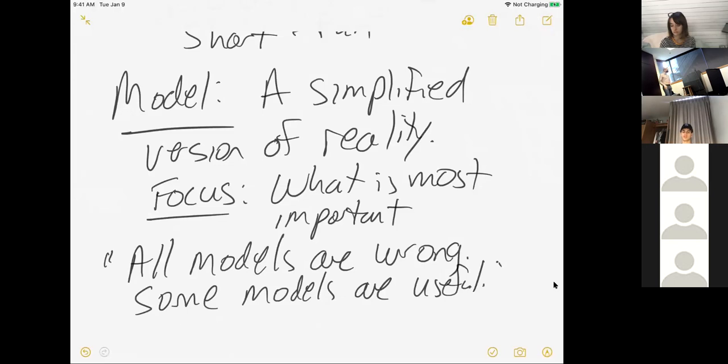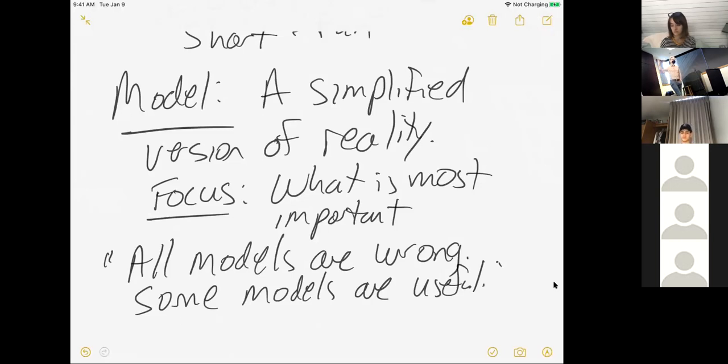I wrote in your syllabus a quote from John Maynard Keynes, who is somebody we're going to talk about a lot. But Keynes says that economics is the discipline of thinking in terms of models and the art of picking which models most closely represent the real world, right? And that's very much how economists think.